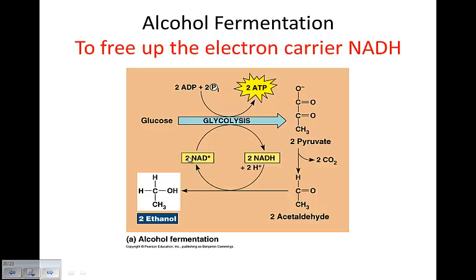But then that electron carrier, the NAD plus, is able to go back through this cycle and keep glycolysis going and keep ATPs being made. All right, so alcoholic fermentation occurs in bacteria and in yeast, and we are converting, of course, glucose through glycolysis, and we're converting these two pyruvates ultimately into ethanol.